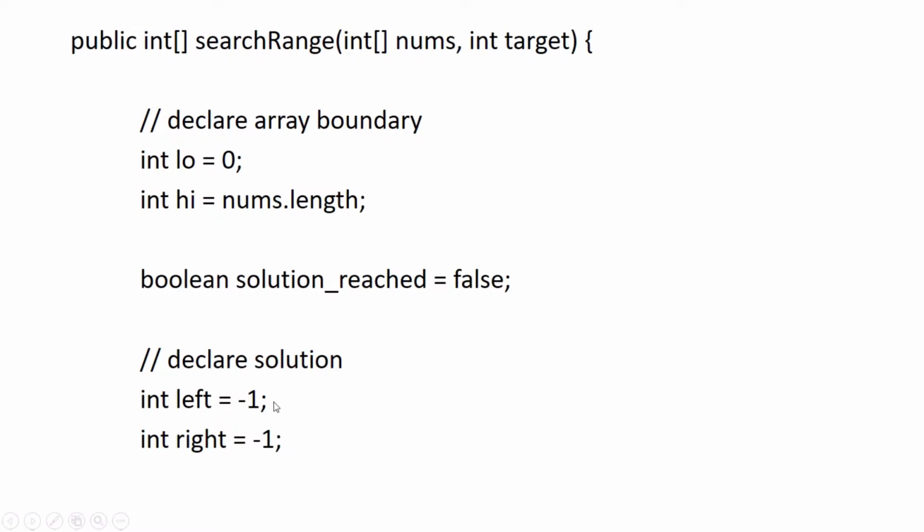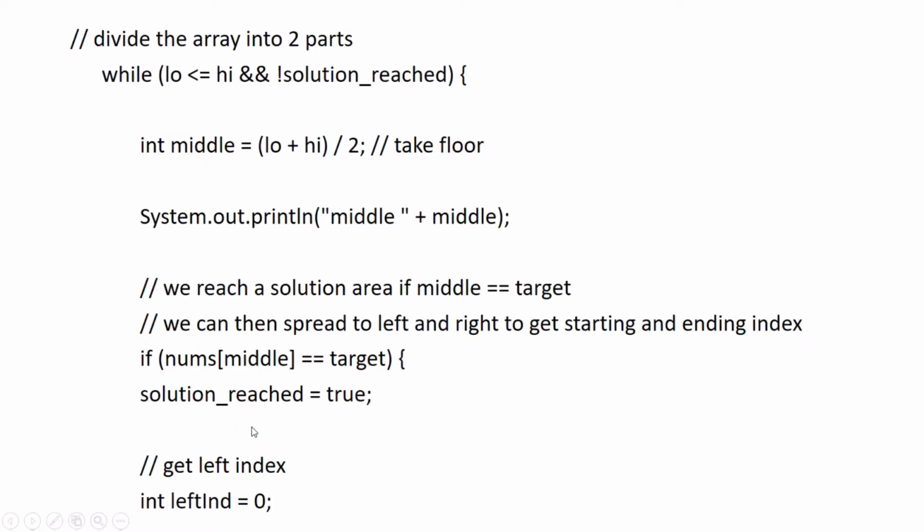So in our code routine, we're going to update the values of left and right when we are able to get a solution. So initially we assume that there is no solution, then when we're able to get the solution, we update these values.